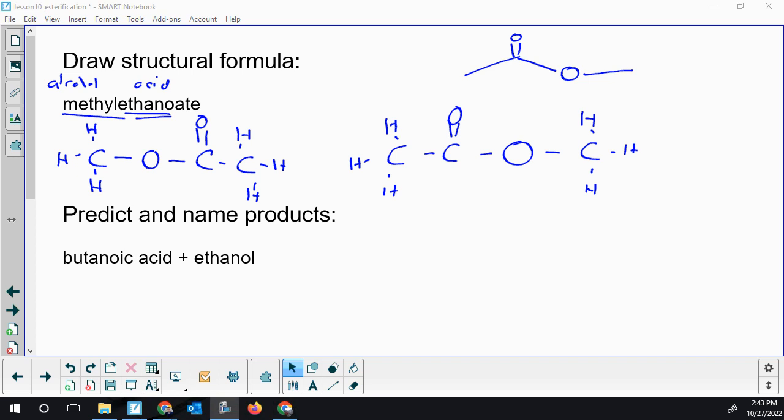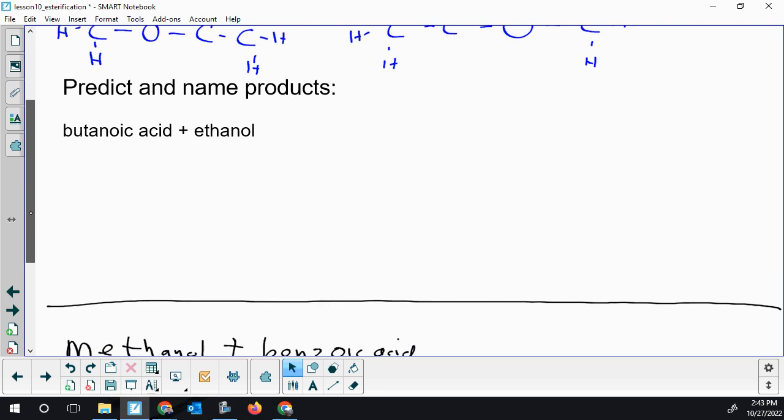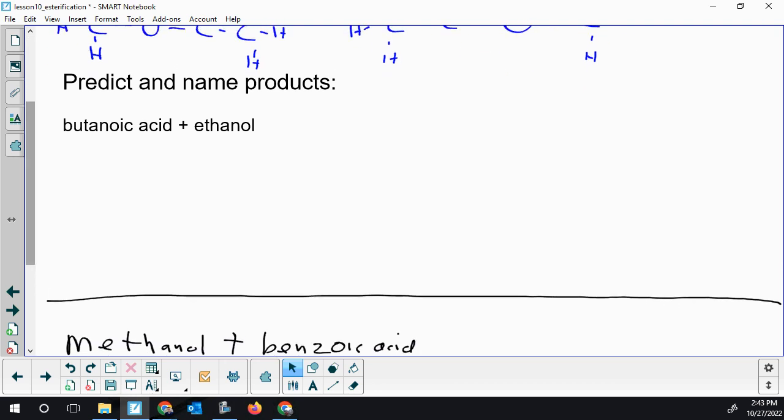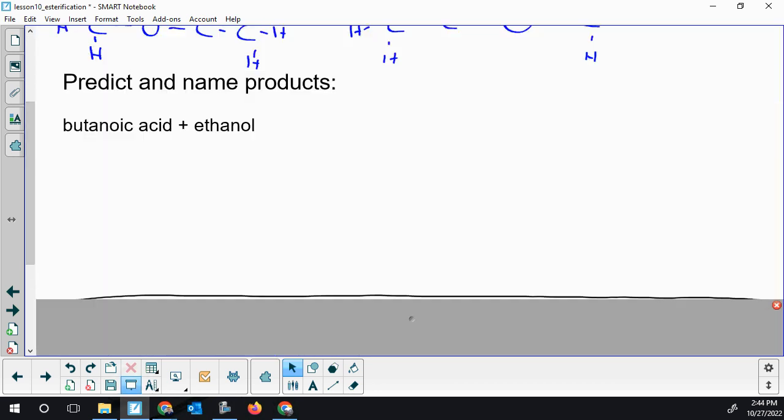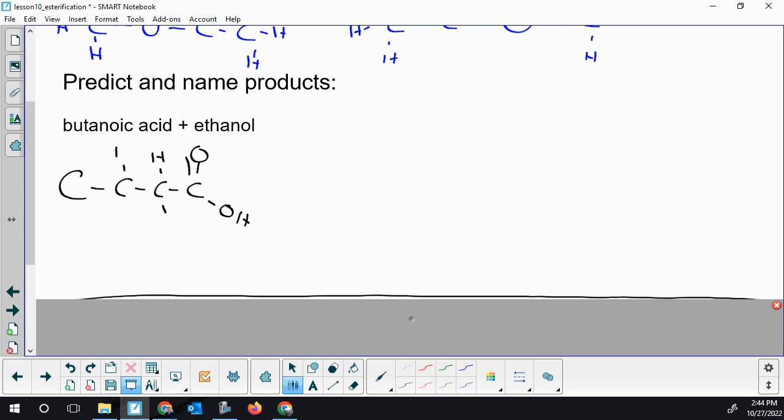So the answer for the bottom one, reaction, and name it. Butanoic acid, 4 carbons, double bond O, OH. I'm not going to color code this one because you're not going to see them color coded on tests.